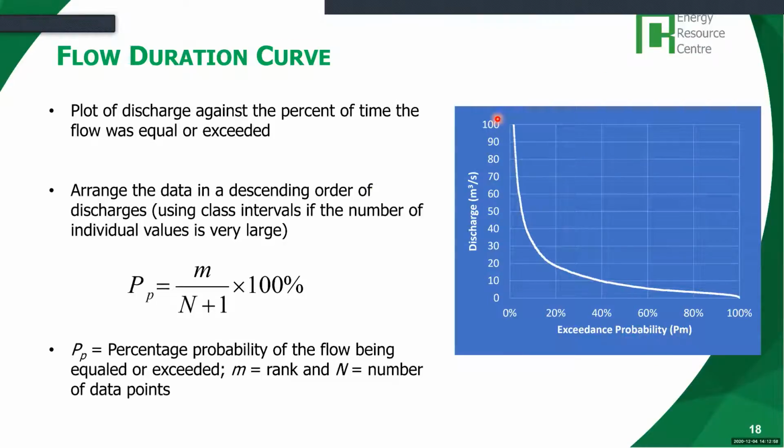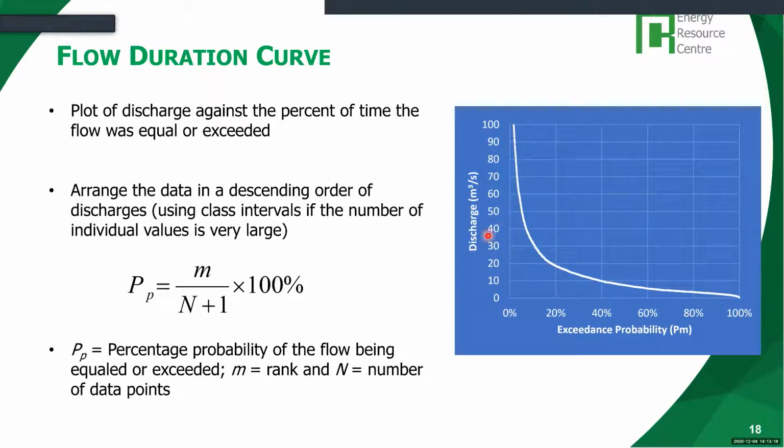So what we do here is we collect data. Normally it is on a daily basis for 365 days every year, and then we collect 20-30 years of data. Then we try to find what is known as the flow duration curve.